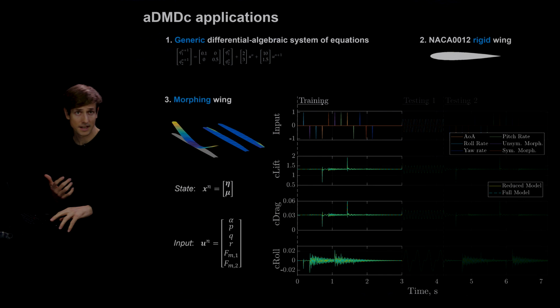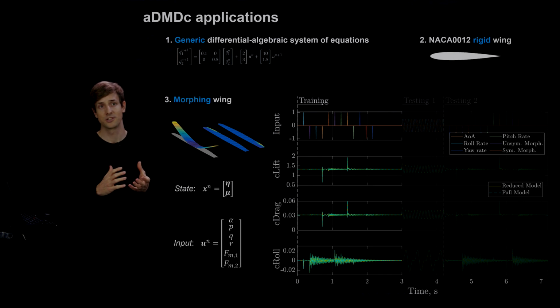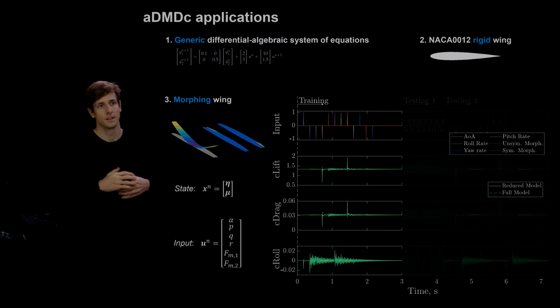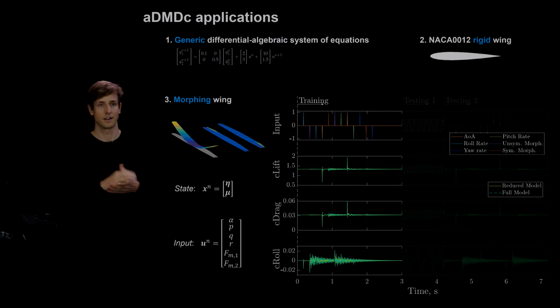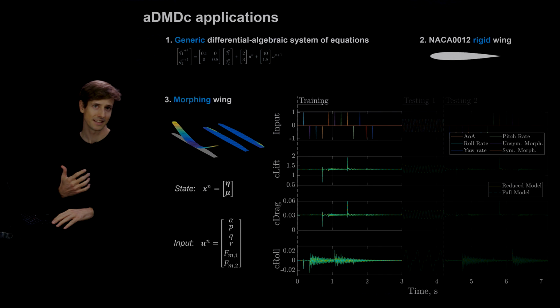In a first step, we train our model, so that's basically the 2 steps that I mentioned before, collecting data and organizing data. So we impulsively excite our inputs in a random order and take snapshots of our state. Then we can build our ADMDC model, and we then have 2 test cases.